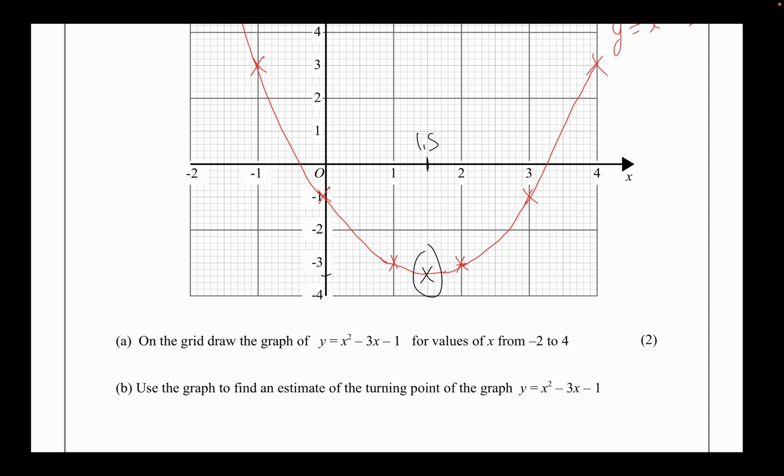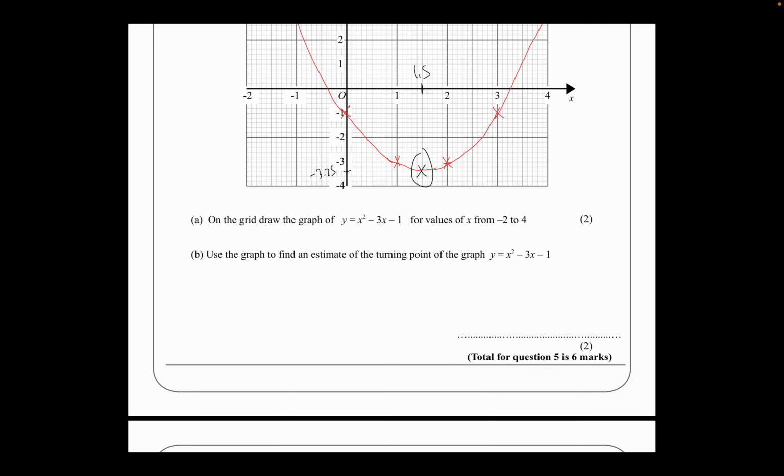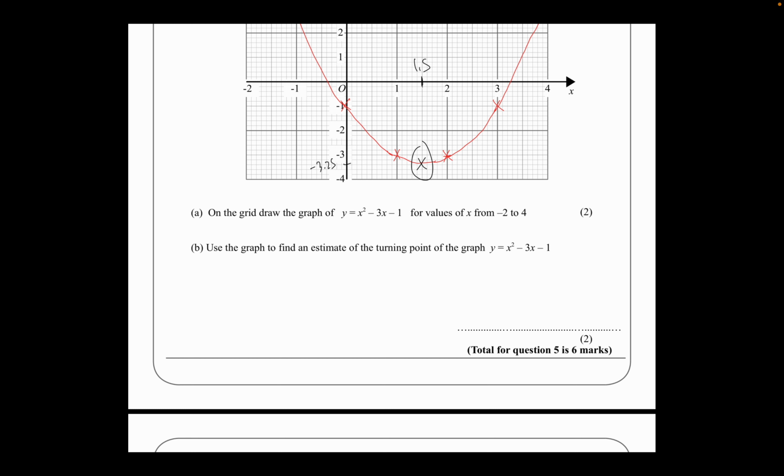And this is roughly here at -3.25 with calculation. Since they're asking us to find a turning point, we're going to give them the coordinates 1.5, -3.25. This is going to be your answer, okay?